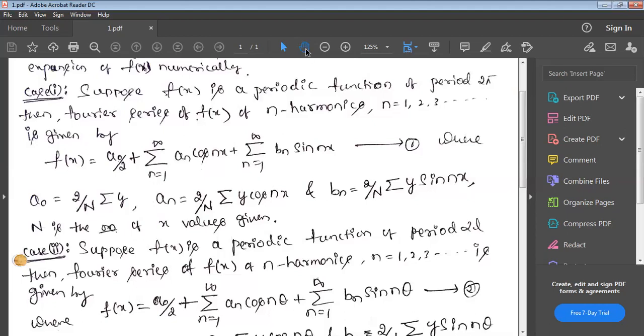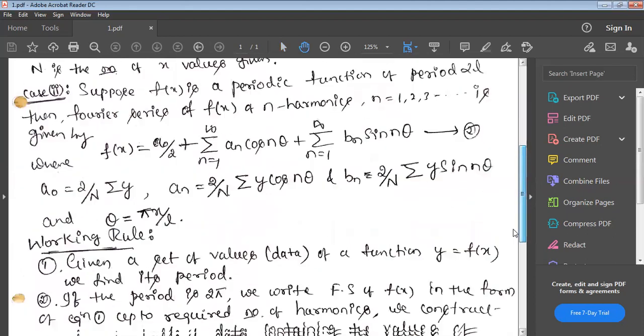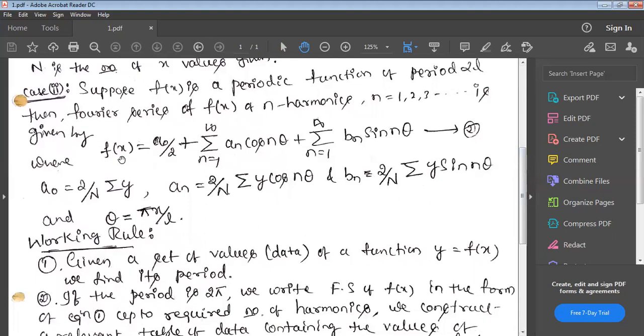Now, suppose your function f of x is a periodic function of arbitrary period, say 2L. Then the Fourier series of that function f of x whose period is 2L, up to n number of harmonics, is defined by the formula f of x is equal to a naught by 2 plus sigma n is equal to 1 to infinity a n cos n theta plus sigma n is equal to 1 to infinity b n sin n theta.